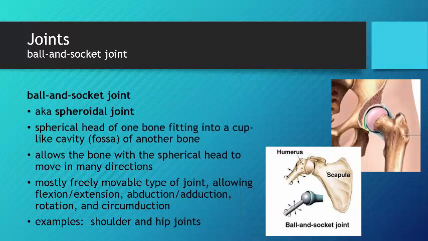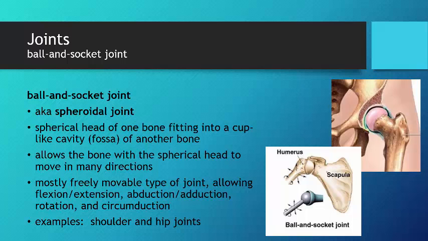So we'll start with a ball and socket joint, also known as a spheroidal joint, because it is built with a spherical head on one bone that fits into a cup-like cavity, also known as a fossa. Hopefully you remember that from chapter 7. So that spherical round head fits into this fossa, and that allows great freedom of movement.